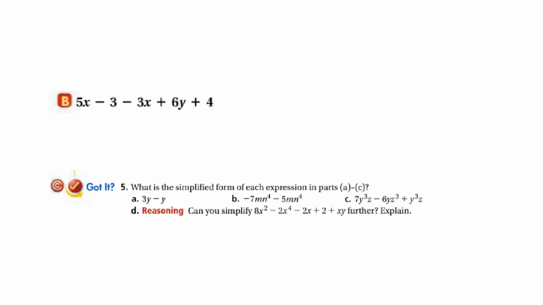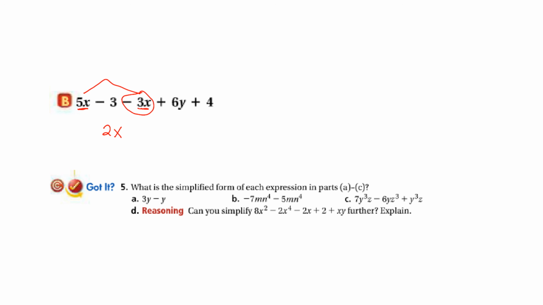Looking at example B, I can see that I have 5x and then the 3x that are like terms. So reading them from left to right, I'm going to read 5x minus 3x. So 5x minus 3x gives me 2x.